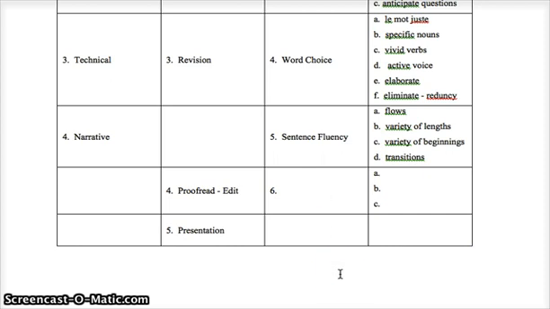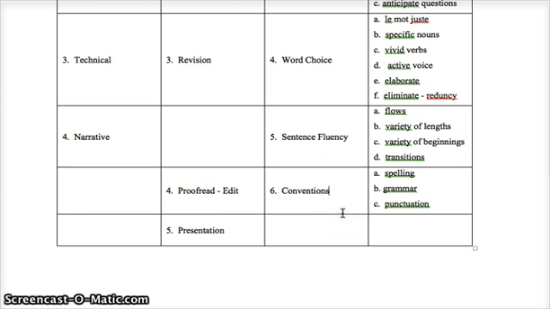Okay, the last trait of writing, which is meshed with the proofread or the edit step of writing, is what's called conventions. And I will tell you that conventions is just a very fancy word for you want to make sure that you have proper spelling, proper grammar, and proper punctuation.